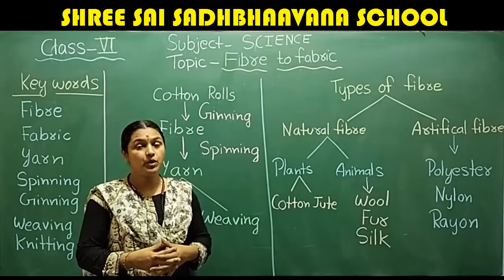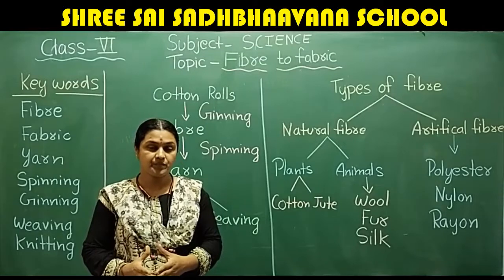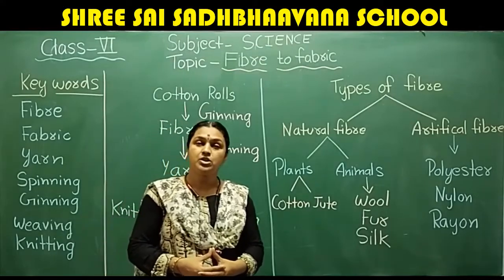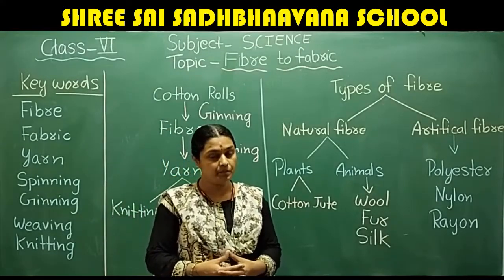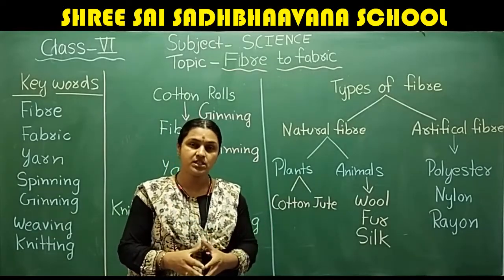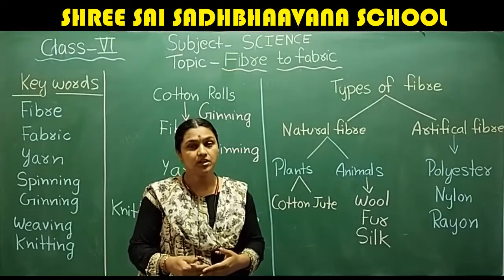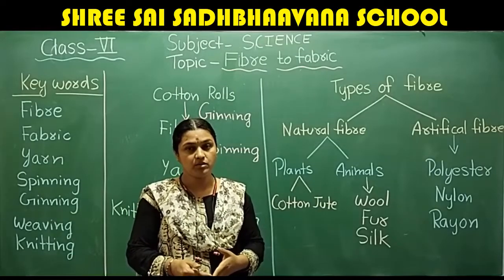In this lesson, we will be understanding how clothes are made. Children, in your house, when your mom has to prepare breakfast, she needs to follow a few procedures. And if you come to school, there are certain principles that you have to follow.